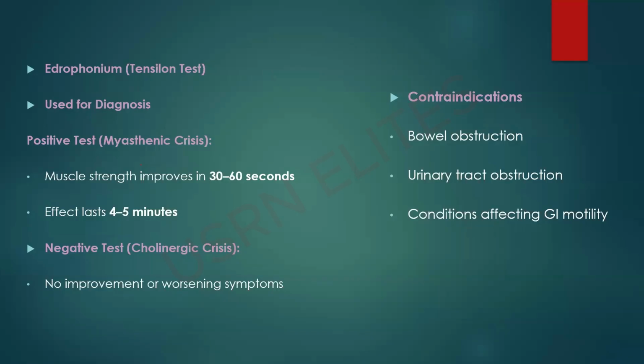Sister, the contraindications on the right side are for the drug, right? Yes, it's for the drug. I'm confused because the contraindications look like contraindications for anticholinergic drugs, but this one is a cholinergic, right?